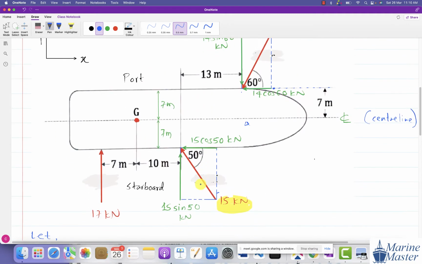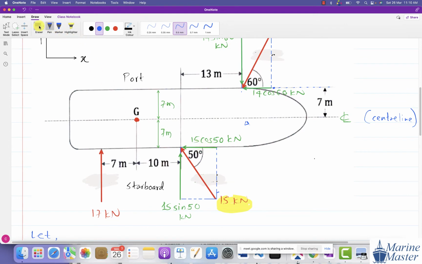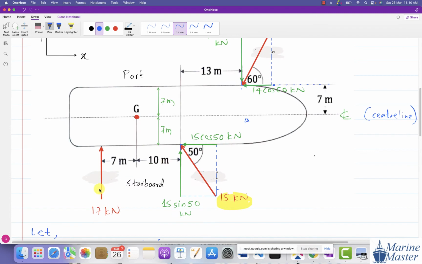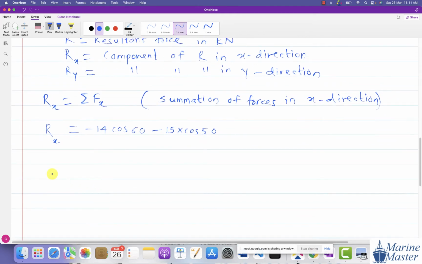Then we have 15 cos 50. Will this be plus or minus? Minus 15 cos 50. What about this 17 kilonewton? Is it in the x direction or y direction? It is in the y direction, so no need to take it in the x direction. So what will be our Rx?